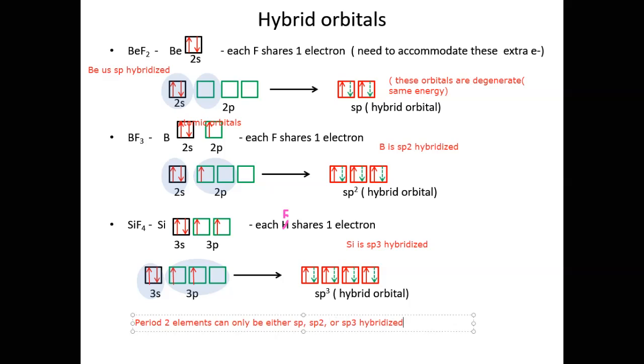So if you have a row 2 element as a central atom, the maximum hybridization it can be is sp3. So it's either going to be sp, sp2, or sp3 hybrid orbitals for your period 2 elements. So things like boron, carbon, nitrogen, oxygen, fluorine, all of those are maximum sp3 hybridized. Now the other 2 types of hybrid orbitals, you'll see why period 2 elements can't be those types of hybrid orbitals.